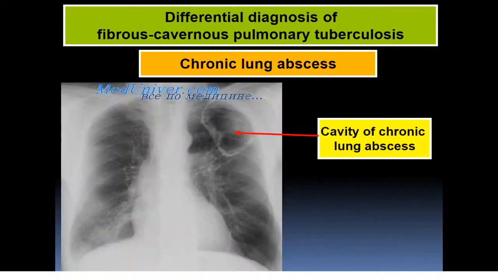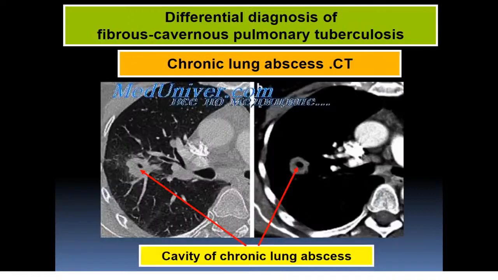And chronic lung abscess without fluid, without changes around of cavity, without dissemination, without fibrosis. This is drainage abscess, after drainage. This is chronic lung abscess on CT scan.